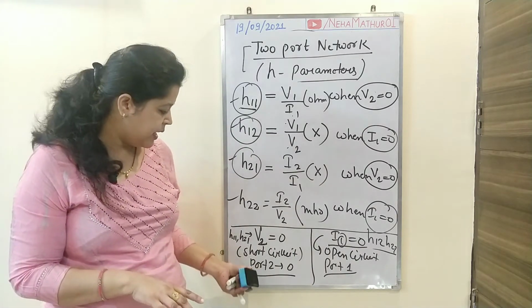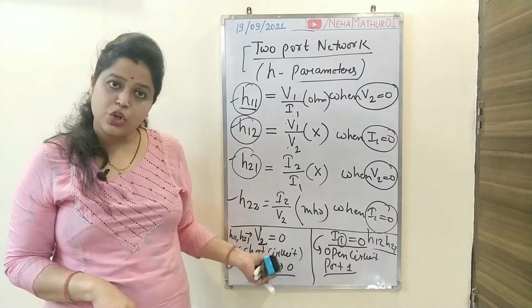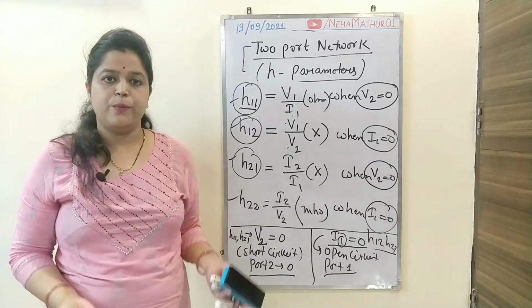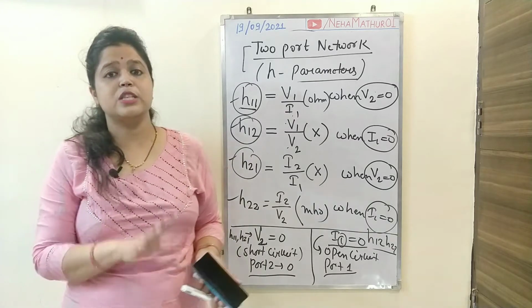Similarly, by considering port 2 as a short circuit for the calculation of the other two parameters. This is all about the basics of the H parameter.